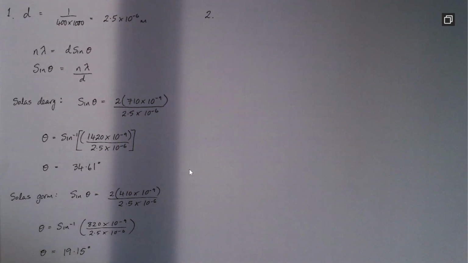Go all the way back to the index, and look at the chapter. Refraction and diffraction: mark this chapter.